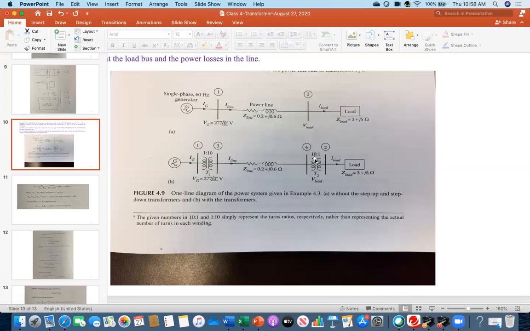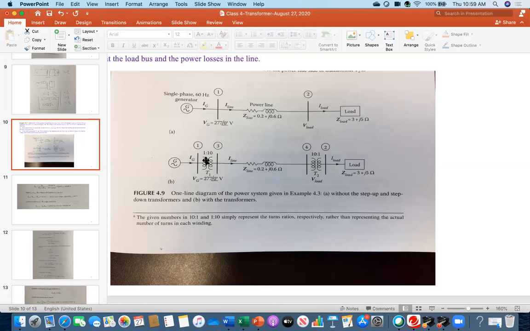It will be related with the turn ratio. That is the thing. In the top portion, once I calculated IG, I used the same value all the way. But in this case, because there is a transformer, I calculated IG, but I can't say that is the same value.